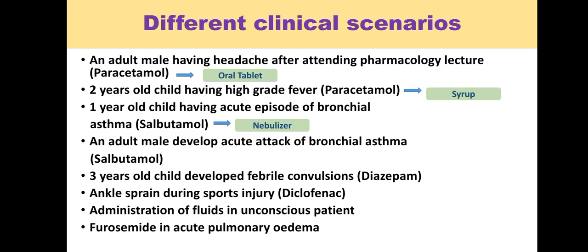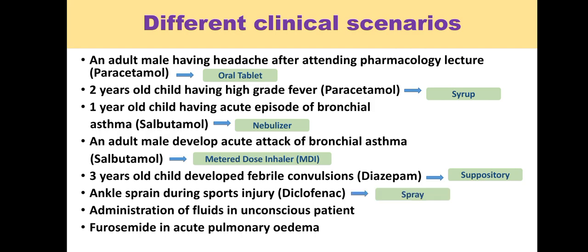Adult male developed an acute attack of bronchial asthma, metered dose inhaler. A 3-year-old child developed febrile convulsion, diazepam, that is a suppository. In the same way the suppository is used in terminally ill patients who require analgesic. Ankle sprain during a sports injury, you want to administer diclofenac through the spray.